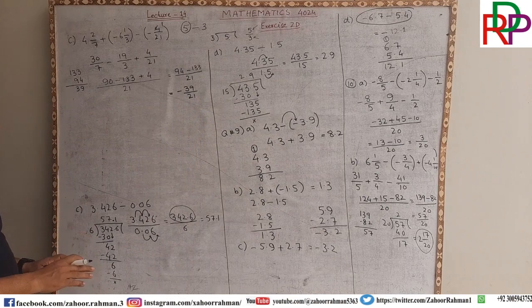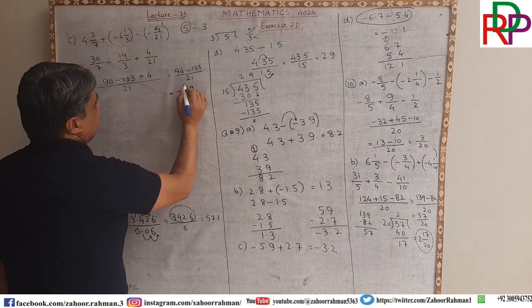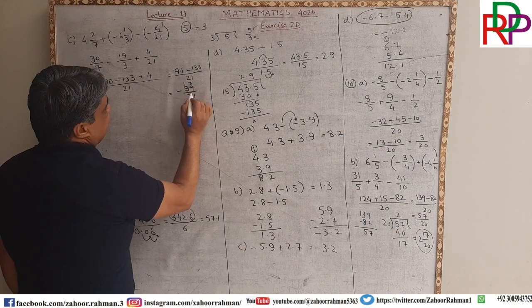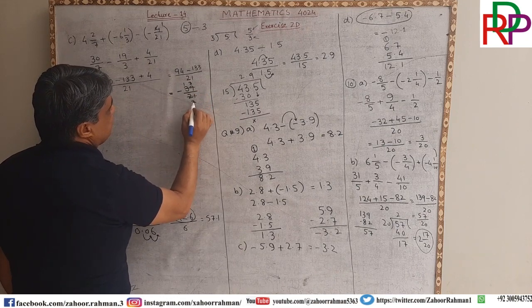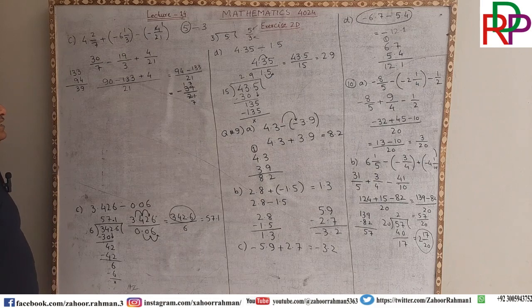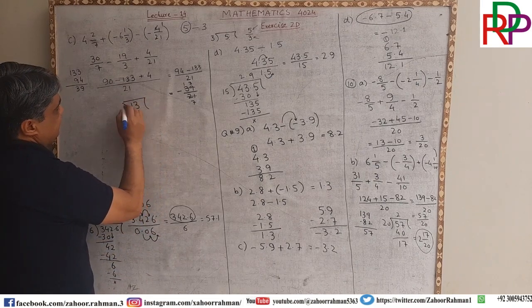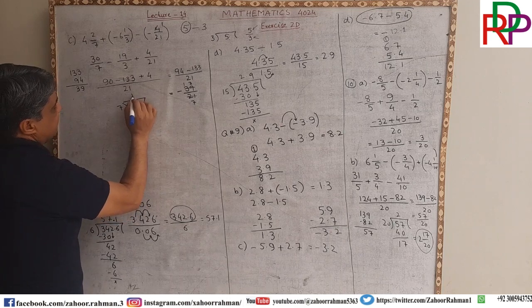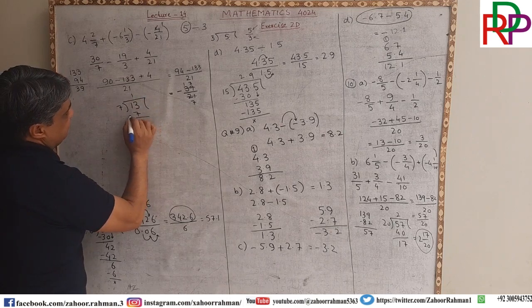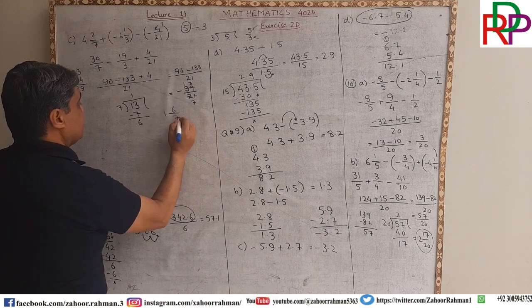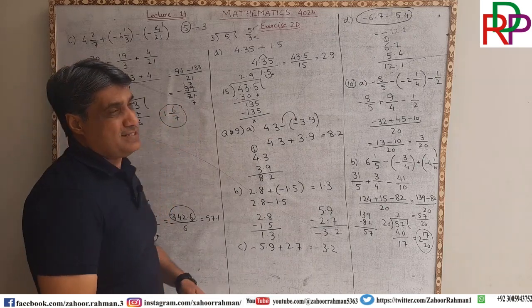We can further simplify it. 3 ones are 3, and then it will be 13 over 7. So we have to divide this 13 by 7. 7 ones are 7 and subtract 7. So 1 whole 6 over 7 will be the ultimate answer.